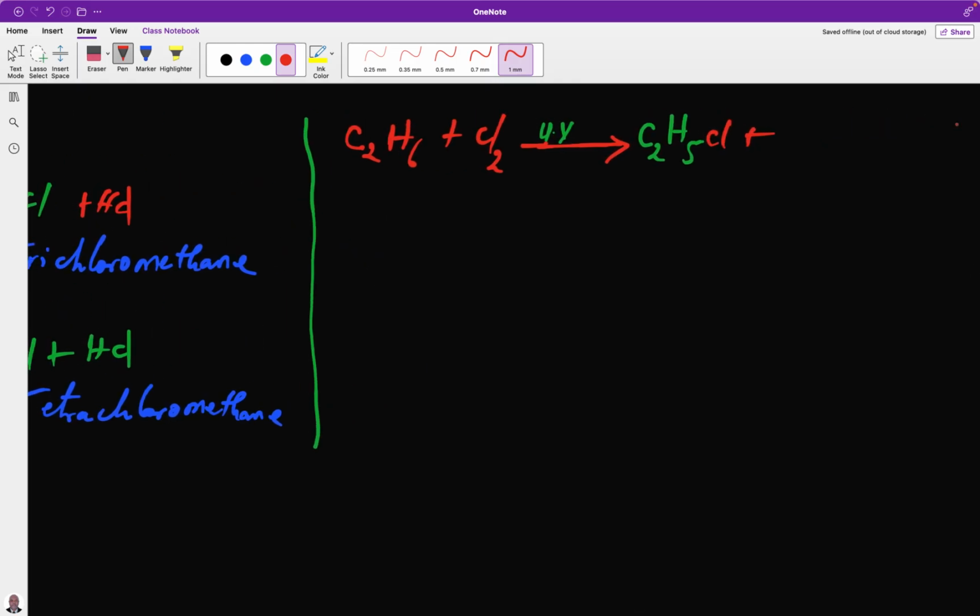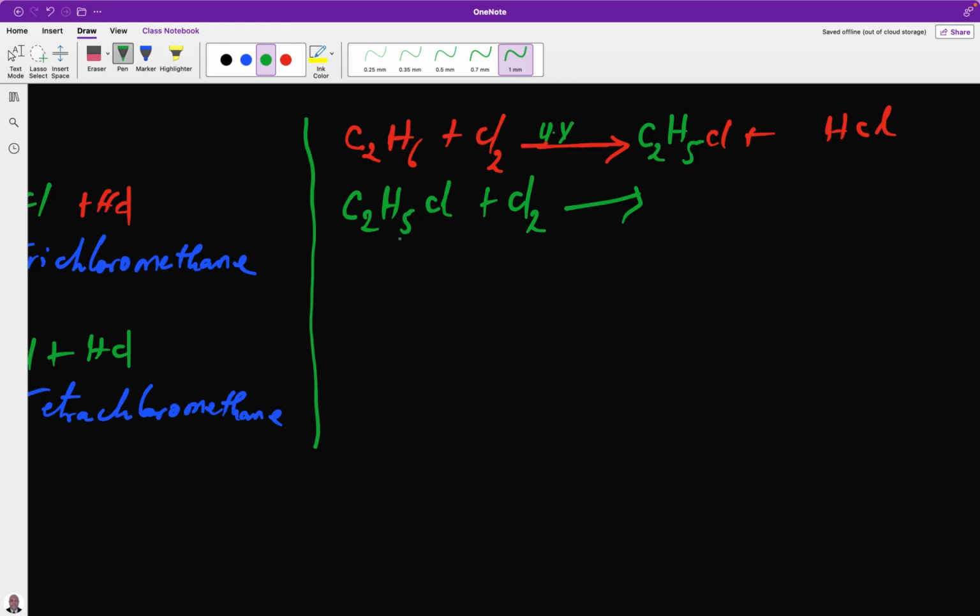Plus hydrogen chloride. Now, this molecule comes here again and plays the same role as we saw in methane. It is C2H5Cl plus Cl2. It gives what?